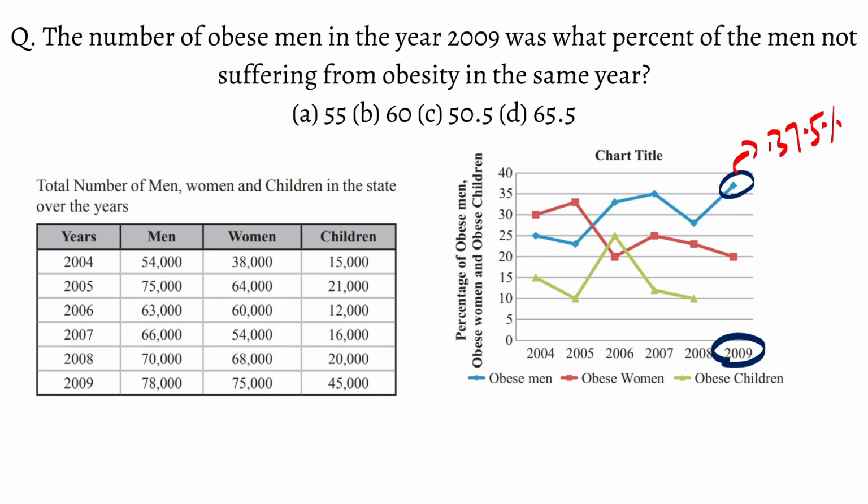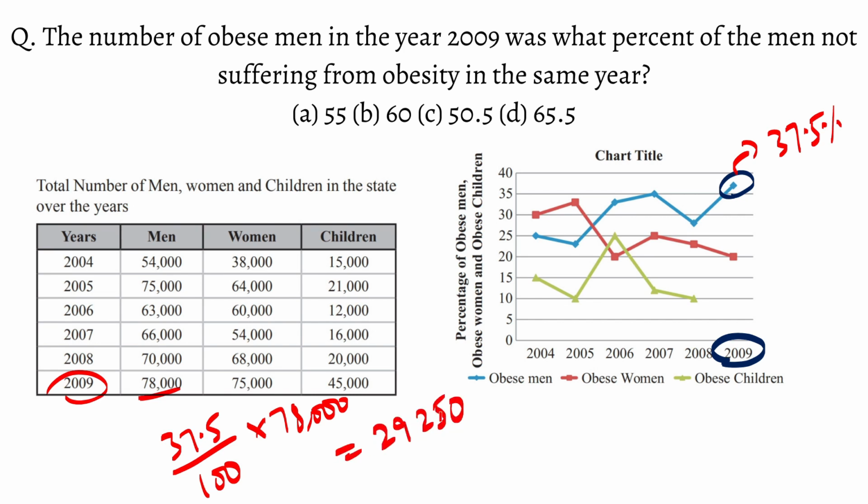So 37.5% of men in 2009 are suffering from obesity, whereas the total number of men in 2009 are 78,000. So 37.5% of 78,000 is equal to 29,250.